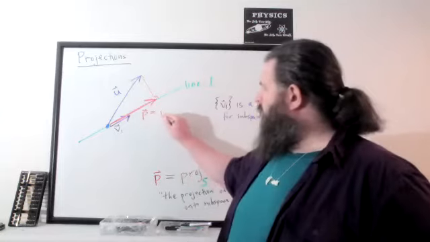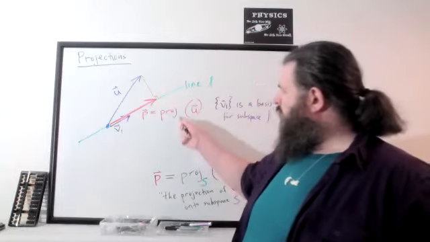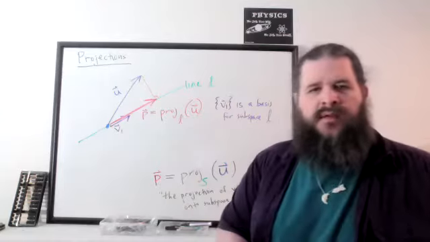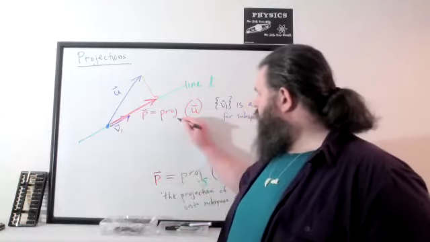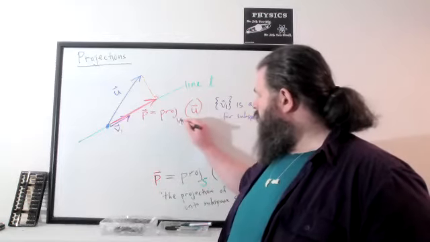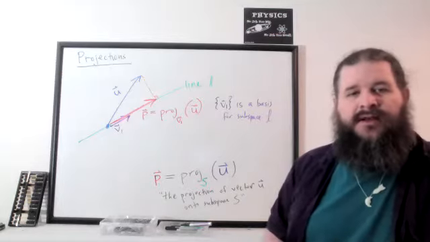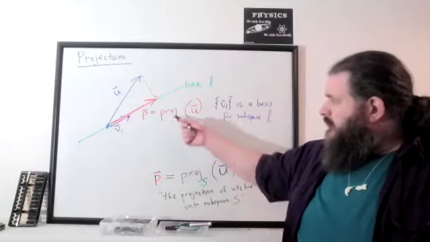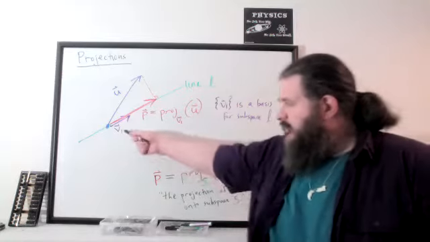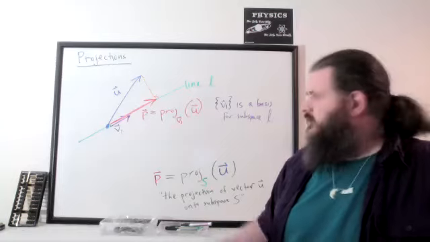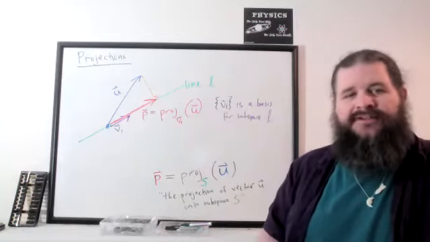We would write that as the projection of vector u onto line L. But since it's one-dimensional and spanned by just one vector, we're often going to write this as the projection of vector u onto v1. That is, onto the direction established by vector v1. So formally, this is the projection of vector u onto line L, which is the span of vector v1. But we can just describe it as the projection of vector u onto v1, or onto the v1 direction.